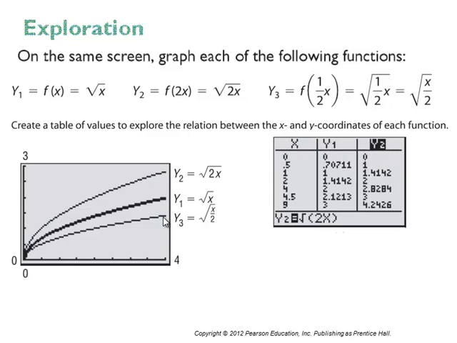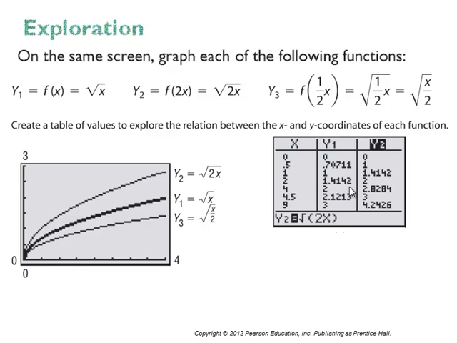Okay? And of course, we could verify that by using the table function on your graphing calculator. I've shown you how to do that a couple times already. And that just verifies the fact that we're not doing a vertical compression or stretch. It's horizontal compression and stretches.